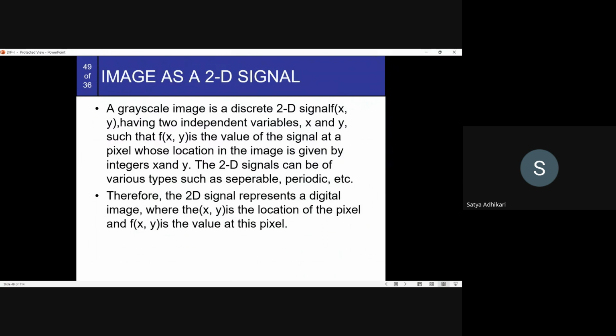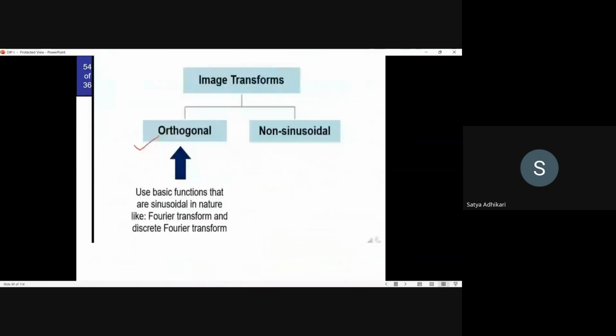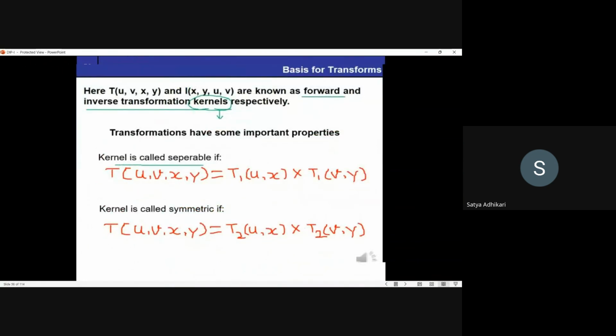Separable and periodic. So separable here, this one. If it is used, T1 and T2 are two different functions, but it takes the parameters u and x. That is, u is associated with x and v is associated with y.